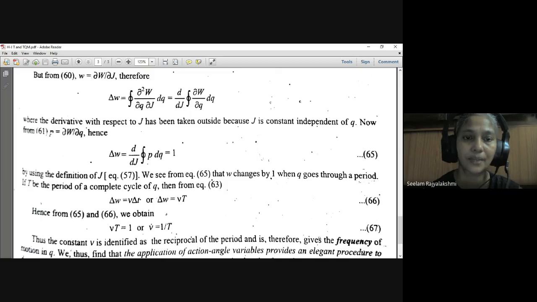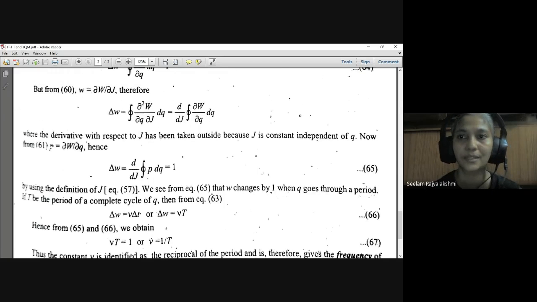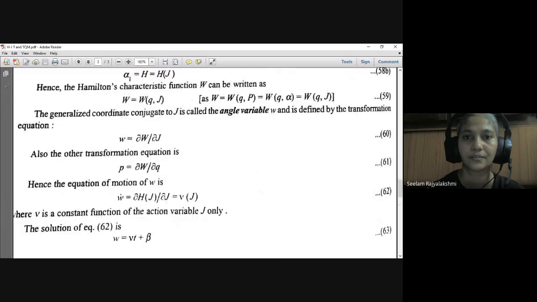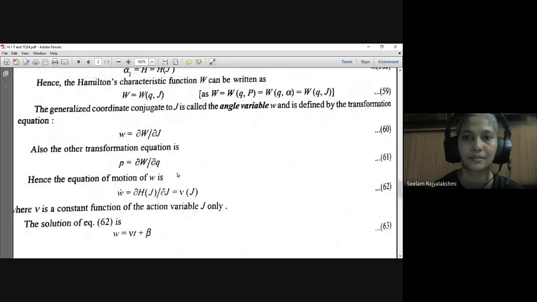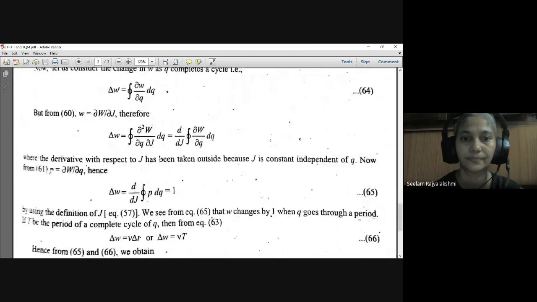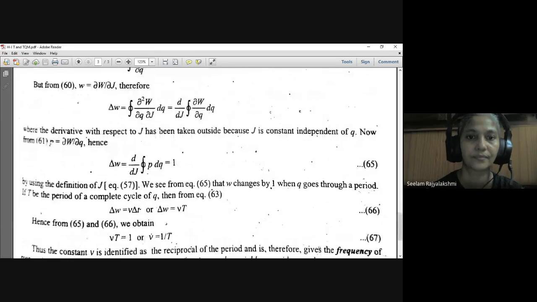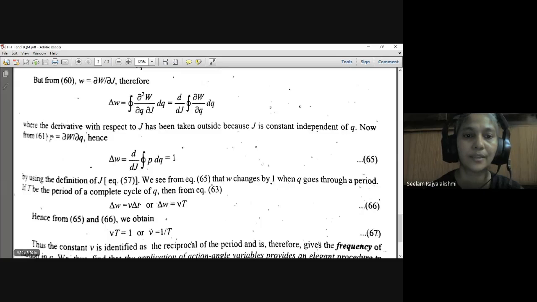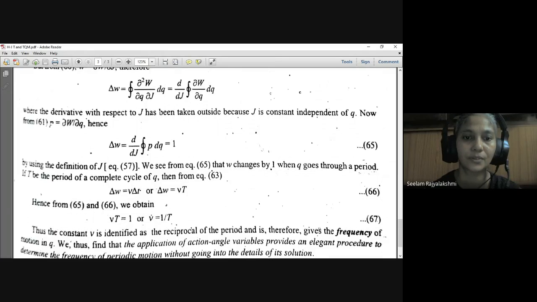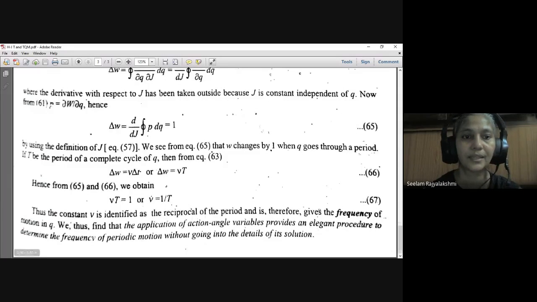If T is the period of a complete cycle of q, then from equation 63, delta omega = nu delta t, or delta omega = nu T. Hence from equations 65 and 66 we obtain nu T = 1, or nu = 1 by T. Thus, the constant nu is identified as the reciprocal of the period and therefore gives the frequency of the motion in q.